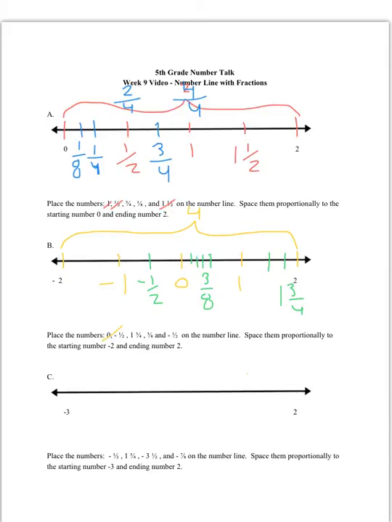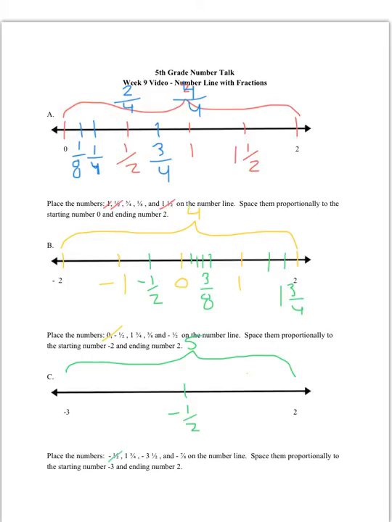The last one, we're going from negative 3 to 2. So that has a total distance of 5. So that would be 2.5 units away. So the middle, 2.5 units away, would be negative 1/2. So that's there.